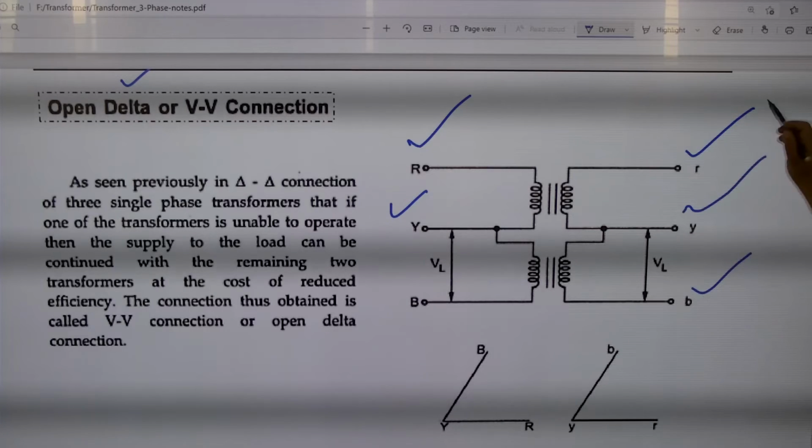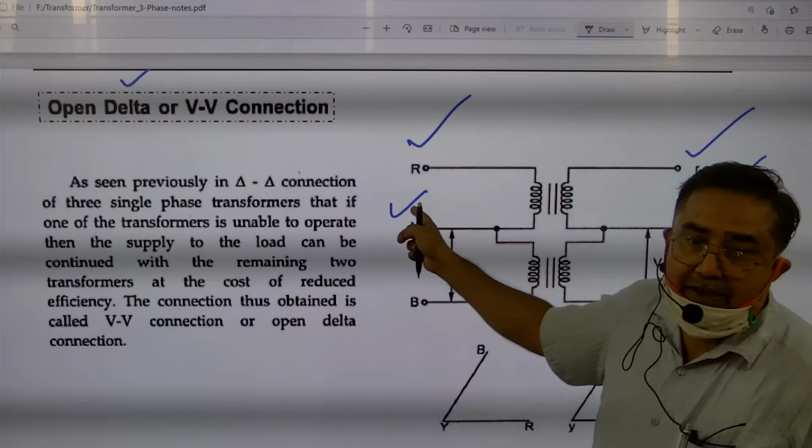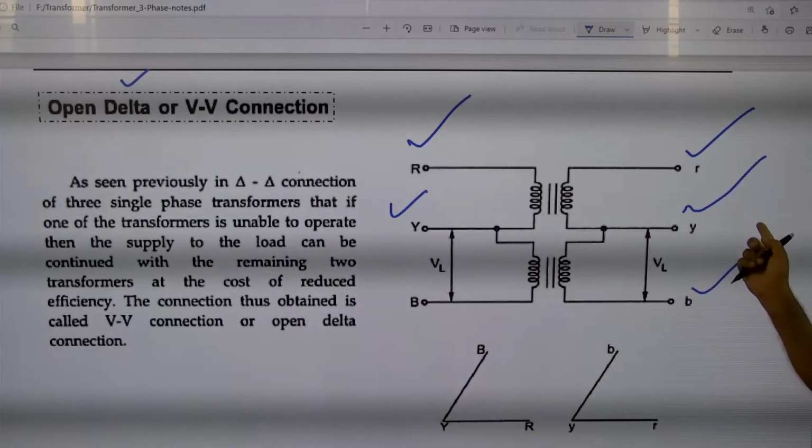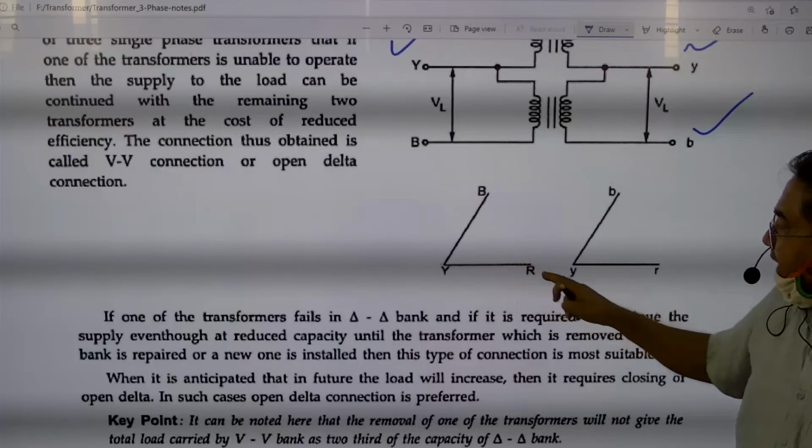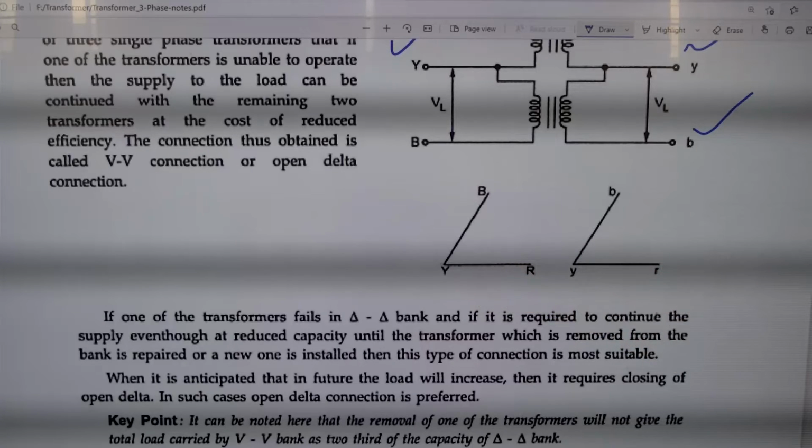In this way your circuit is completed. In this way, on this side also we have an open delta, and on this side also we have an open delta. And how will its phasor diagram look like? This is BYR BYR. अरे समझ में आया कि नहीं आया? Is it clear?